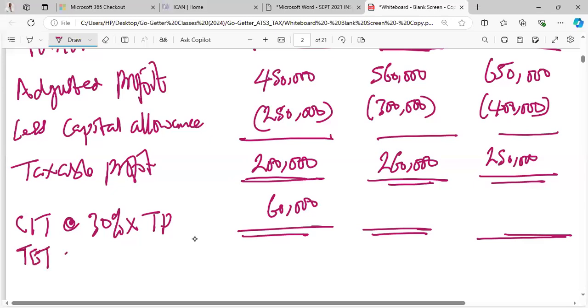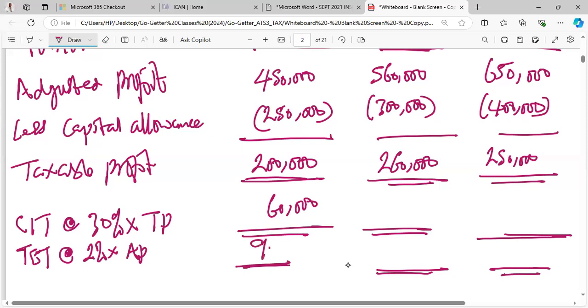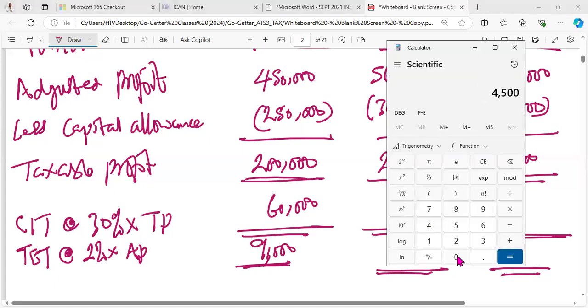Tertiary education tax at 2% of adjusted profits. So adjusted profits is 450. 2% should give me 9,000. Let's confirm. 450,000 times 2%. That should give me 9,000.